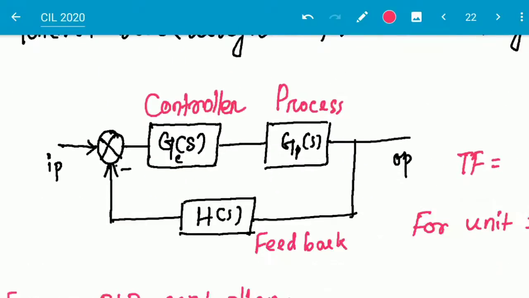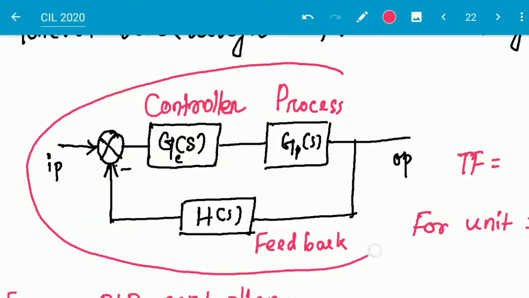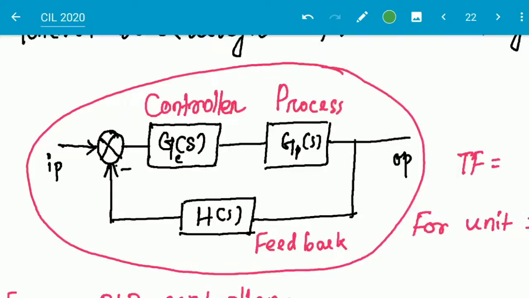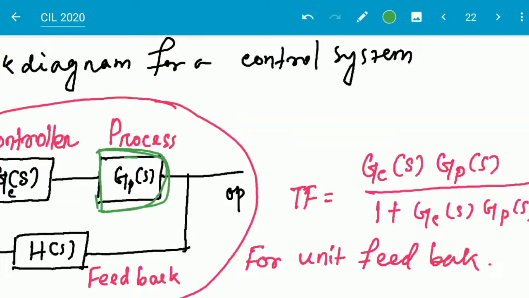Here is the actual control system, where GS is the controller, here is the process transfer function, and here is the feedback. The controller here is a PID controller.